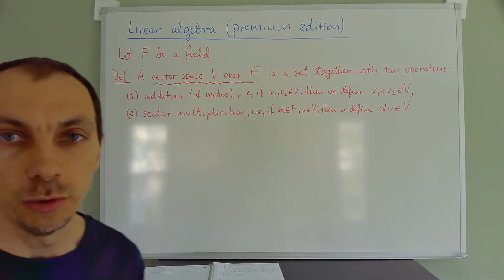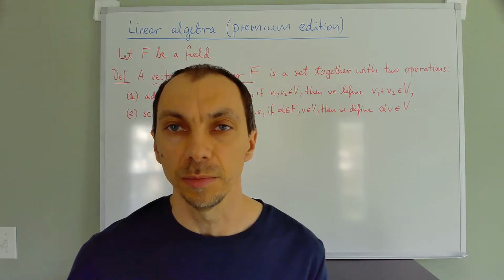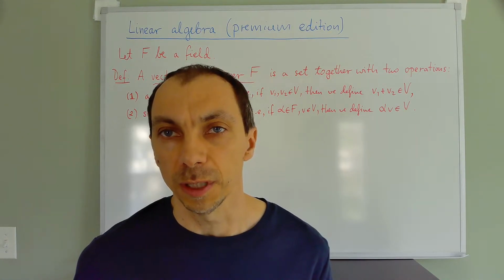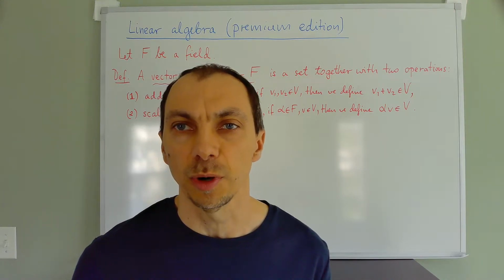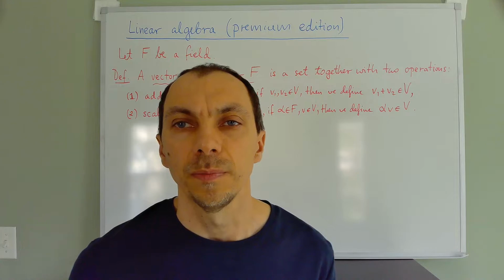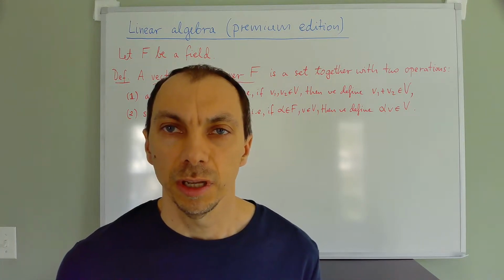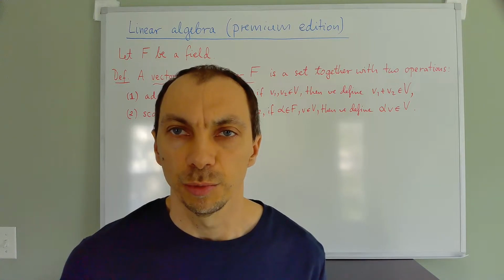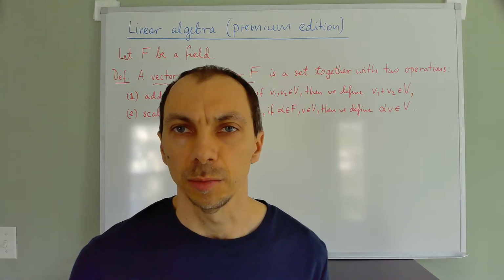So you of course know scalar multiplication from standard linear algebra, which is over the real numbers or over the complex numbers. There's actually nothing standard about it. It's just that that's probably what you learned. So there you would take a real number and a vector, and the real number would multiply the vector to give you another vector. And you call that scalar multiplication.